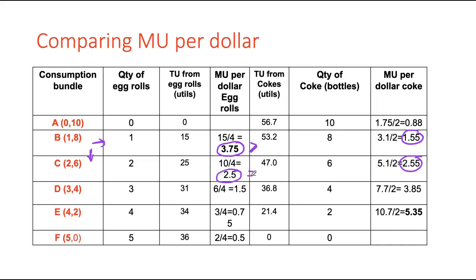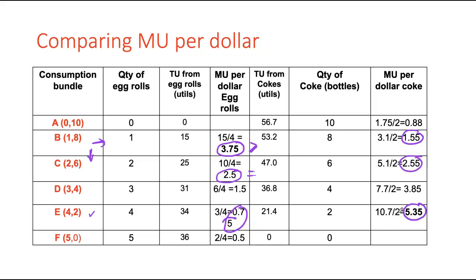If you look at any other bundle, let's say bundle D, E, or F, you will see that the marginal utility per dollar is not the same. We have already done E before. So here we have per dollar marginal utility of 3 over 4 or 0.75, versus 5.35, which is my marginal utility per dollar from Coke.